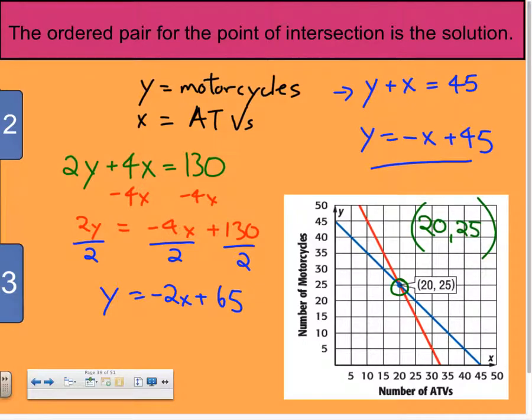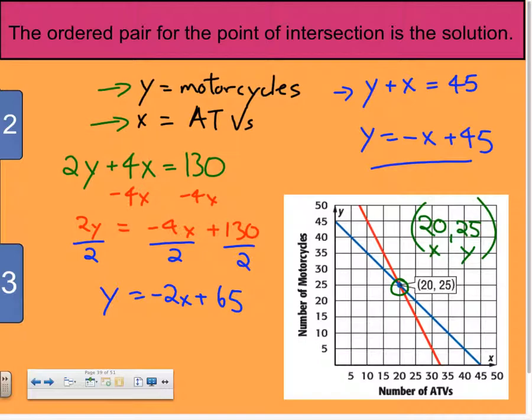Now that's all well and good, unless someone comes along and says, well, what does that mean? What does the point (20, 25) mean? Well, remember, in a coordinate pair, the first number is x, and the second number is y. Now let's go back to the beginning. The x was the ATVs, and the y was the motorcycles.